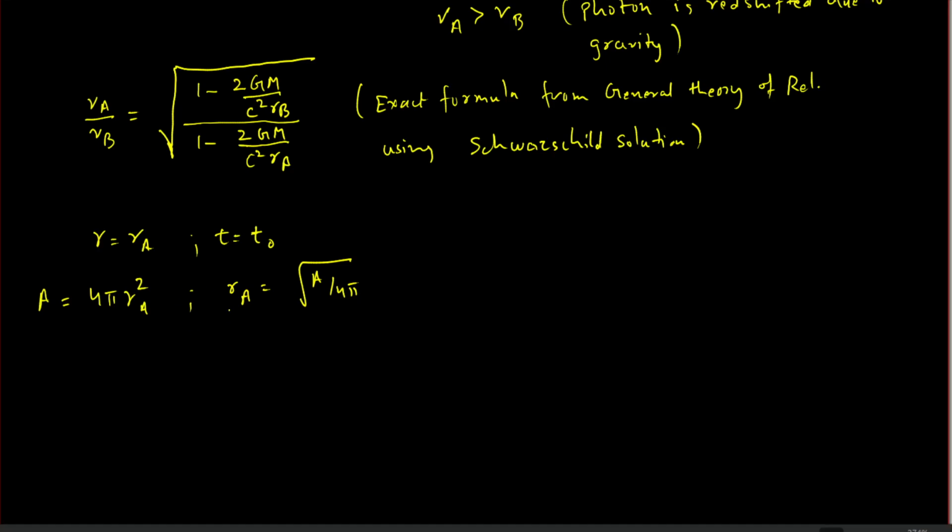But RA, even though it is related to area A in the expected manner, a relation that holds in Euclidean geometry as well, this RA in Schwarzschild geometry is not the distance from the center, or note the radius of the sphere.